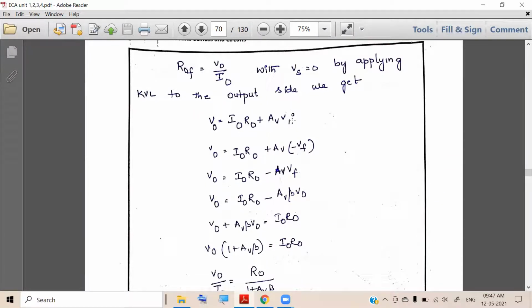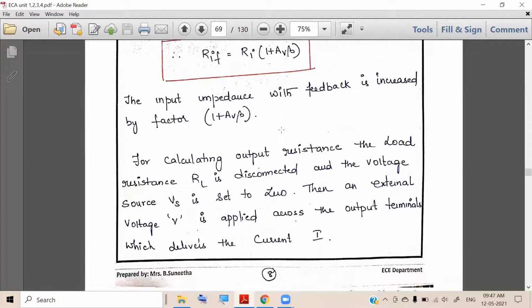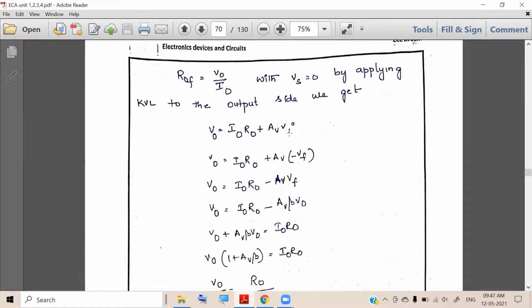Next, V_i is equal to V_s minus V_f. But V_s we have to make 0, isn't it? So V_i is equal to 0 minus V_f. For finding output resistance, we should make the source voltage 0.